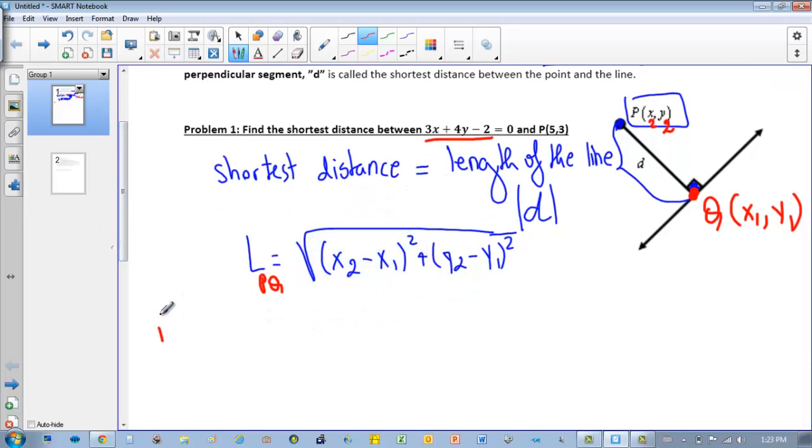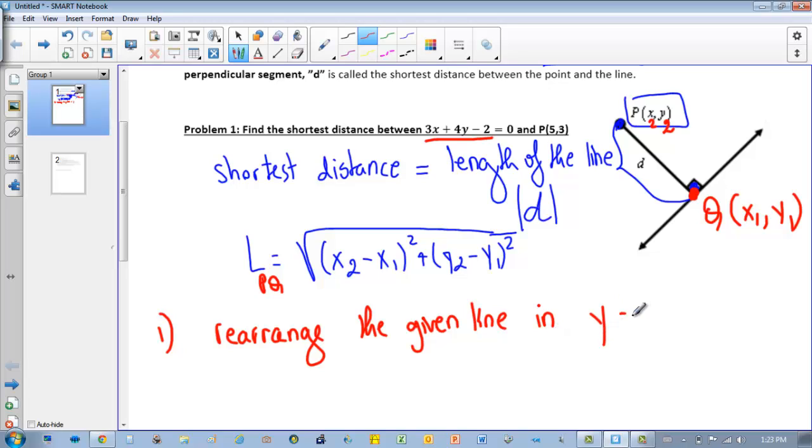So, first thing first, I want you to rearrange the given line in y equals mx plus b form. Why is that?